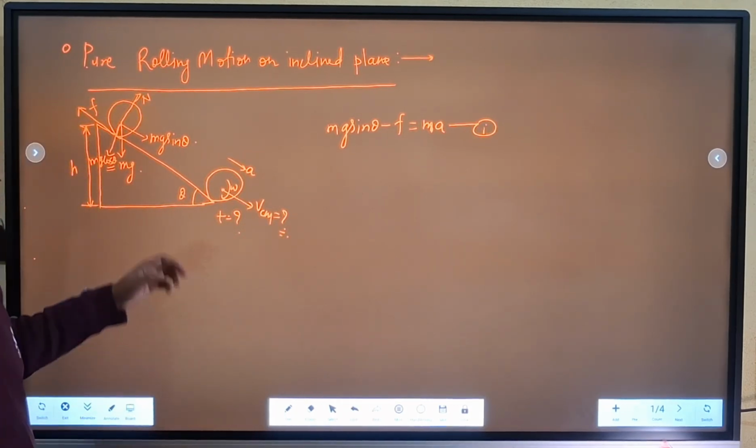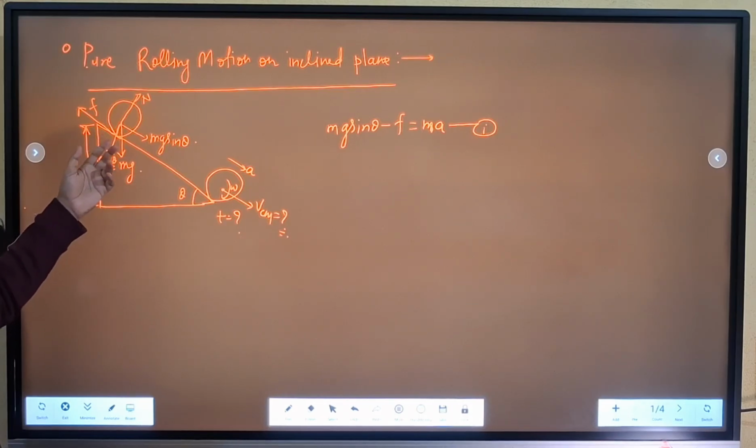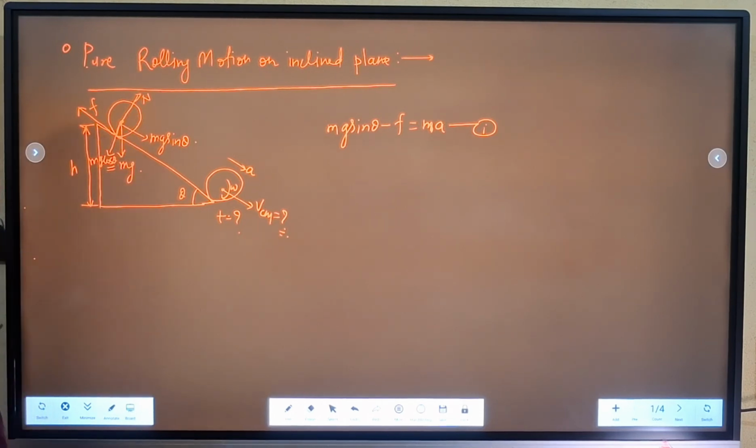Now we want to write the next equation. The next equation will come because the body is performing rotational motion about the center of mass. The acting force creating torque is here. The normal force is passing through the center of mass, it will not create any torque.